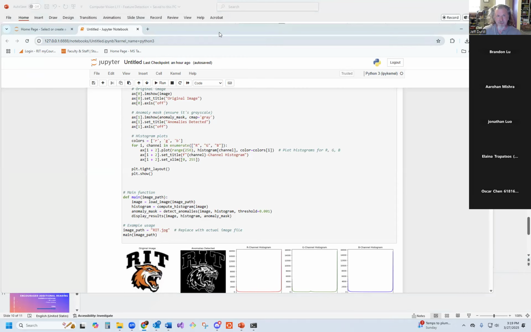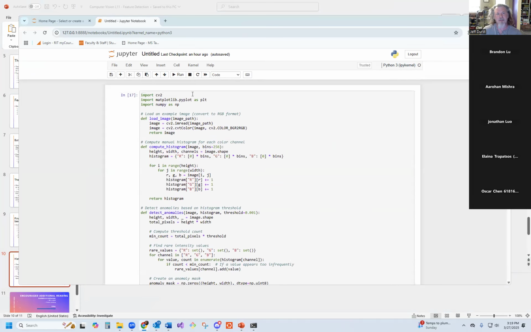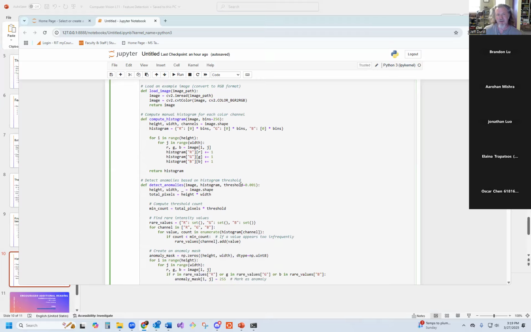So I have a small notebook here, and I was going to run some of this stuff. This is just run out by hand how to find a histogram. So we've got an image with red, green, and blue, and we have 256 bins, one for each value a pixel can take, for the red, green, and blue.